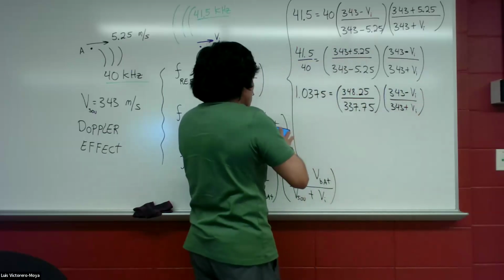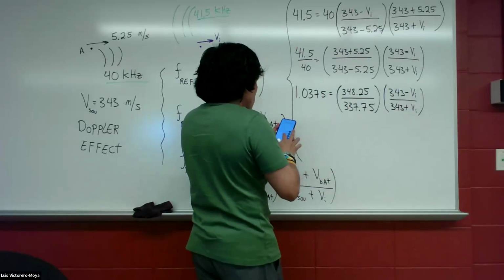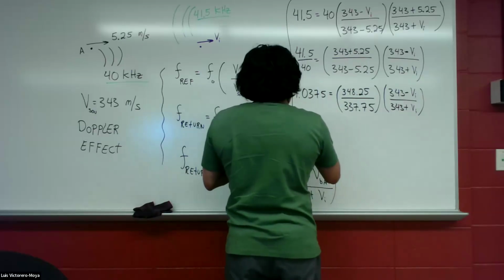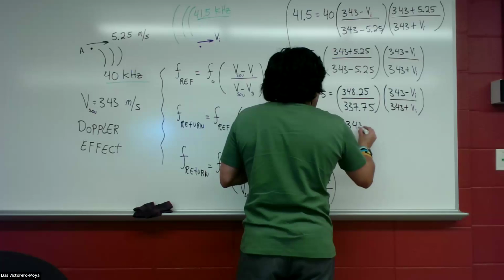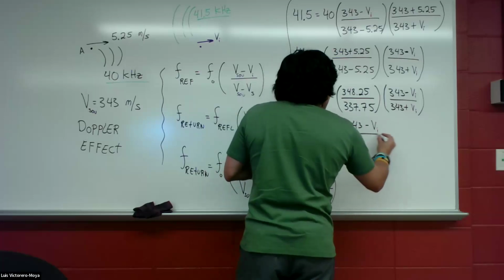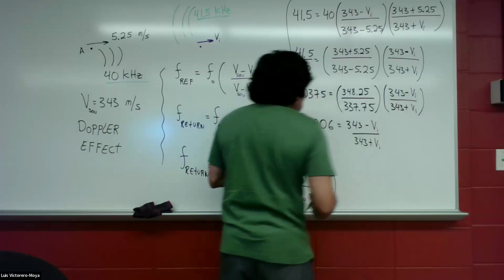So let's calculate all this, all right? 1.0375 times 337.75, that's that, divided by 348.25. So I get 1.006. That's 343 minus VI over 343 plus VI.